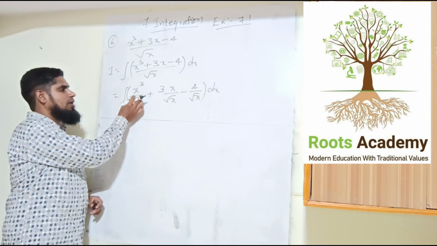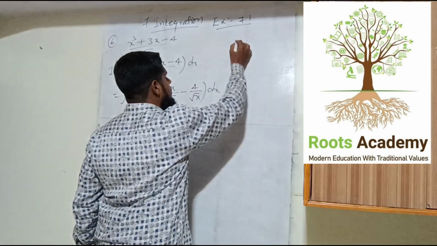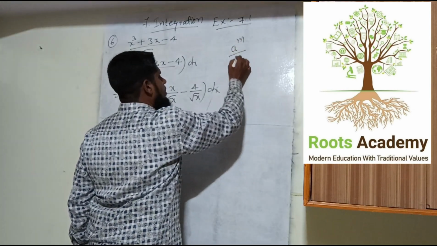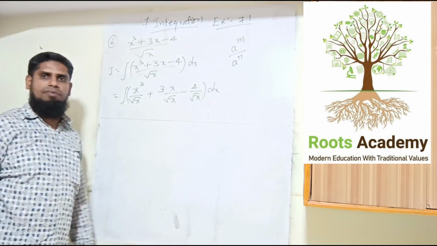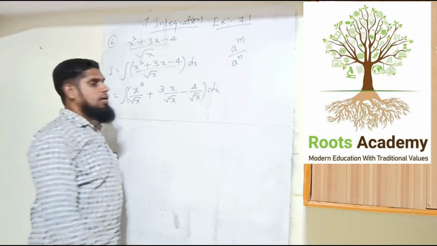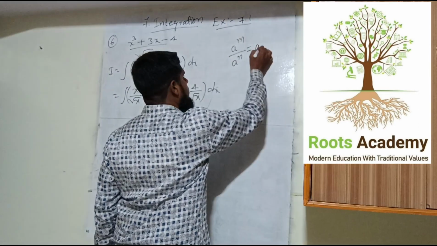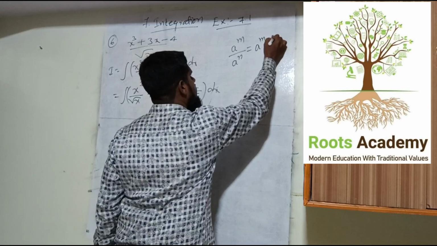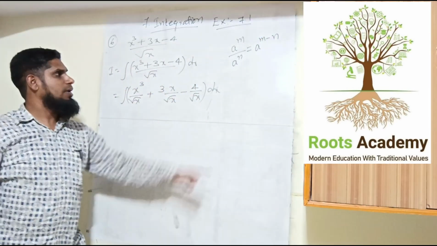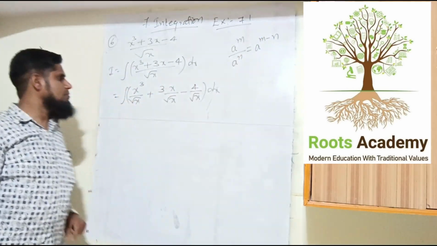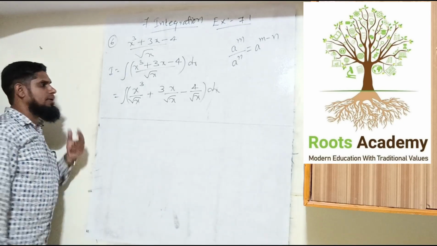According to that, if a power m is divided by a power n, then according to indices this can be written as a power m minus n. I'll apply the same concept here.